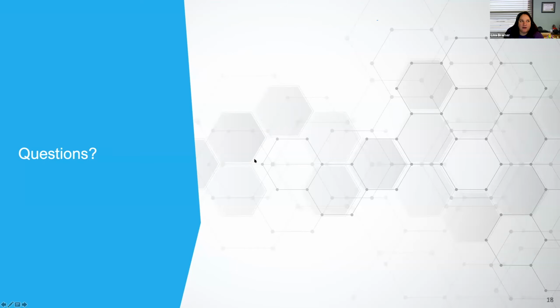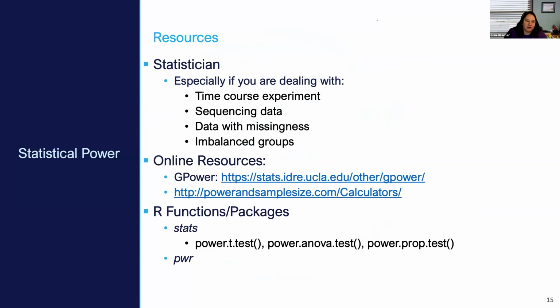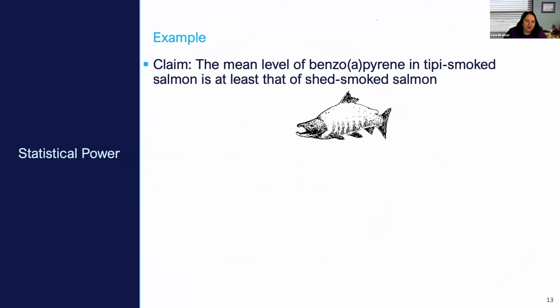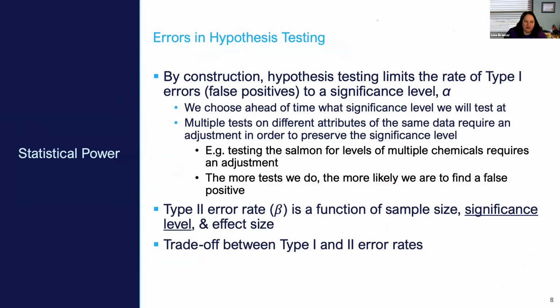They are not inherently related to one another. They are only related in that when you try to control for one, that affects your ability to control for the other. You can make all the false positives and false negatives that you want, and they're not necessarily inherently related by your hypothesis testing.